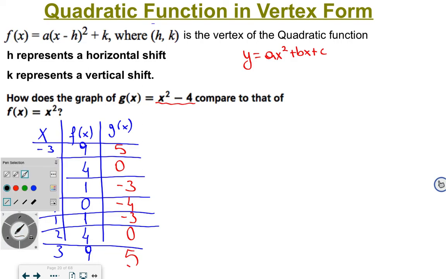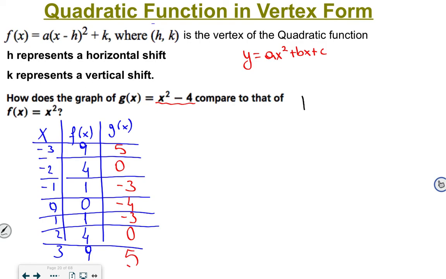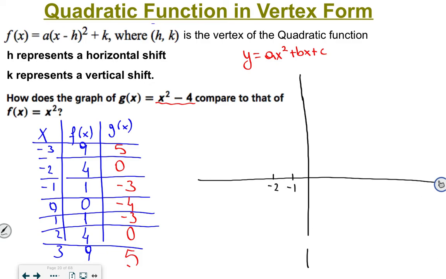Let me graph these two functions. First, I will graph f of x. What are your inputs? -1, -2, and -3. This is 0. +1, +2, and +3.